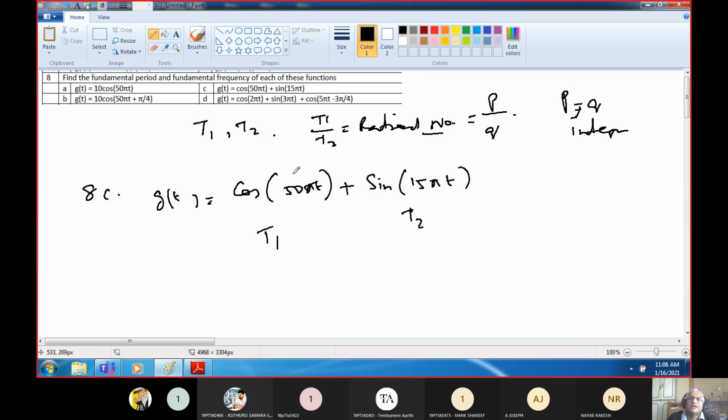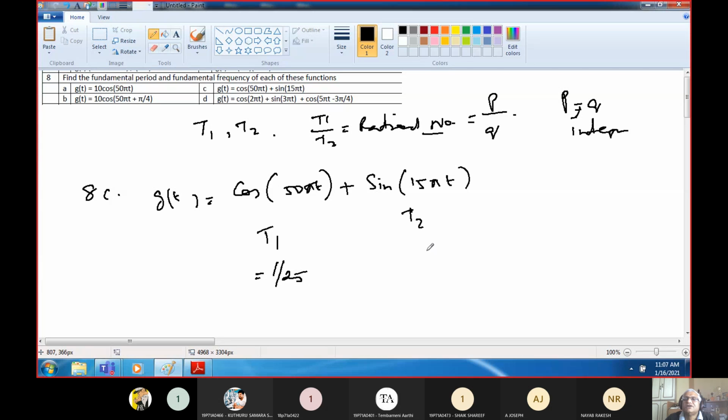Please don't worry about cos and sine. Why? Phase is not important here. Only the frequency is important. Only the time period is important. What is the time period for this one? T1 is equal to 1 by 25.